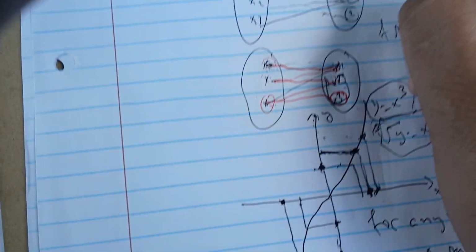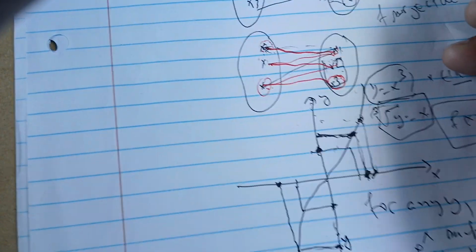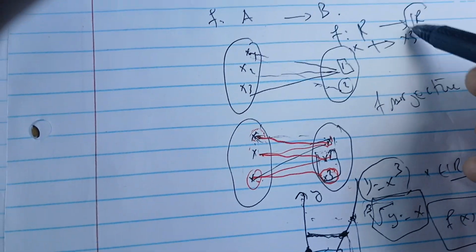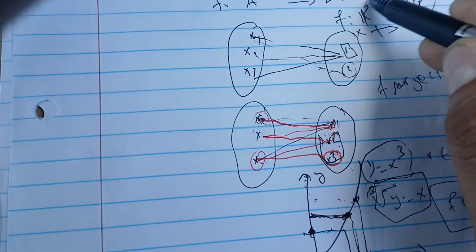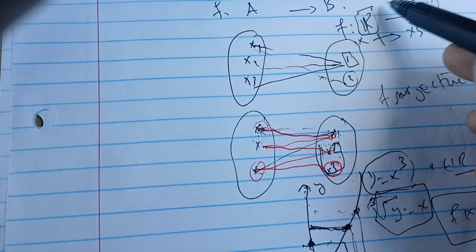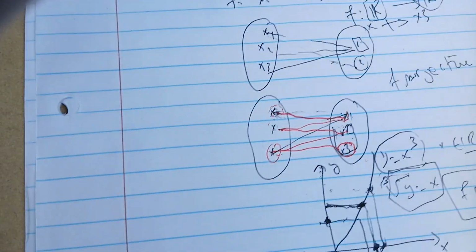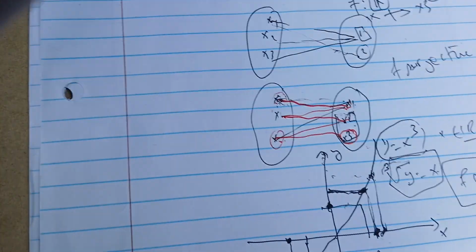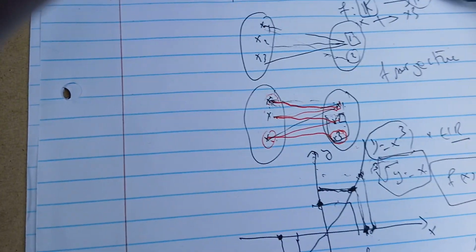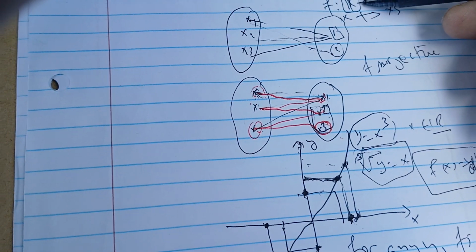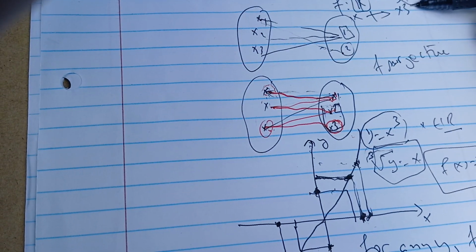So you take any y, let's go back to our function x cubed. We have the same sets here, but we will do one with different sets later. Take any y from this set and find an x such that f of x is y.